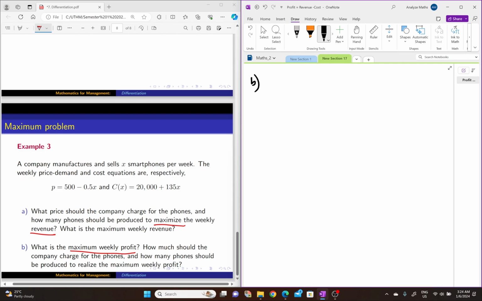Now for B, weekly profit. So we need to find the profit function. Profit function is revenue minus cost.